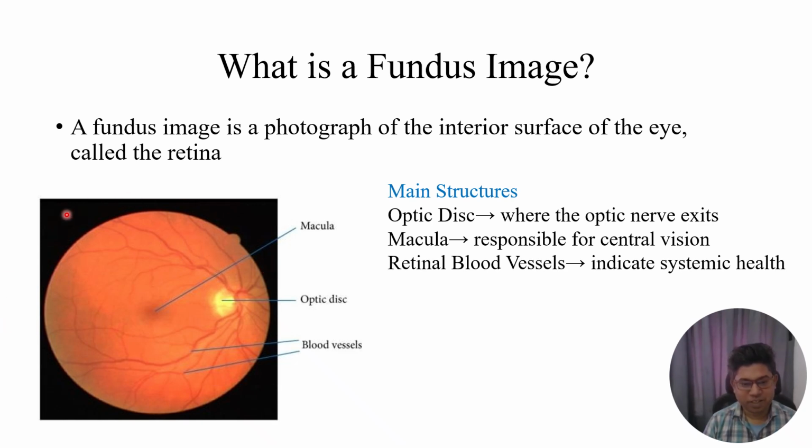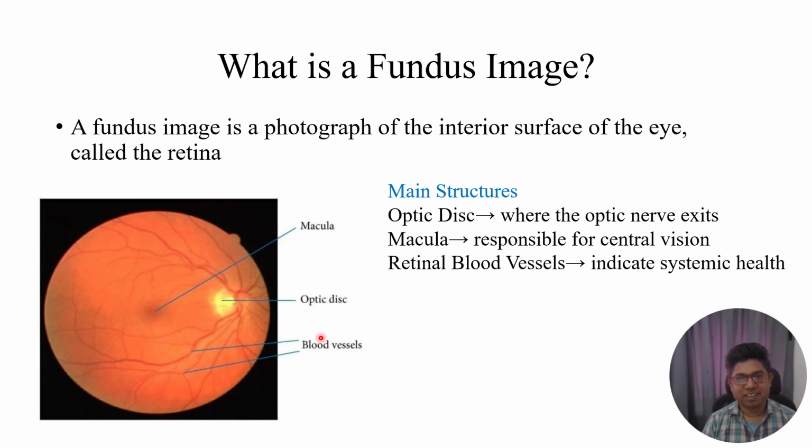Now if you closely look at this image, there are three main structures which are very important in the analysis of fundus image. First is the optic disc. This circular region, which is kind of yellowish, is called the optic disc, and this is where your optic nerve exits from the eyeball.